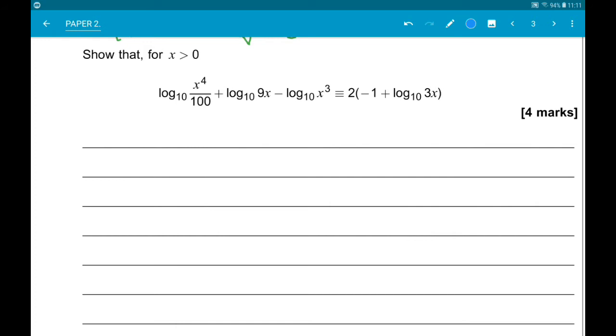So log 10 x to the 4 over 100 add log 10 of 9x is going to be log 10 of 9x to the power 5 over 100. Then we have minus log 10 x cubed.